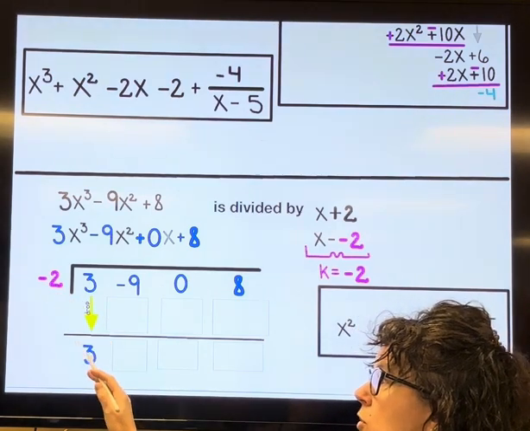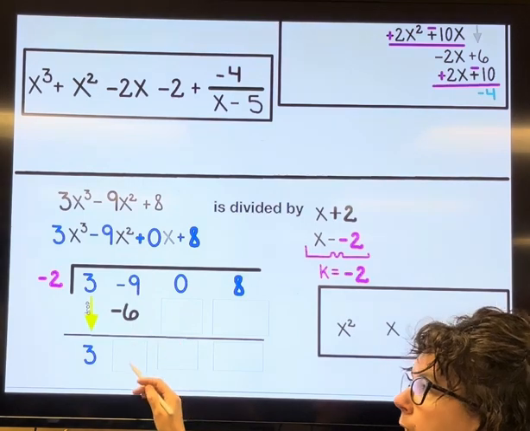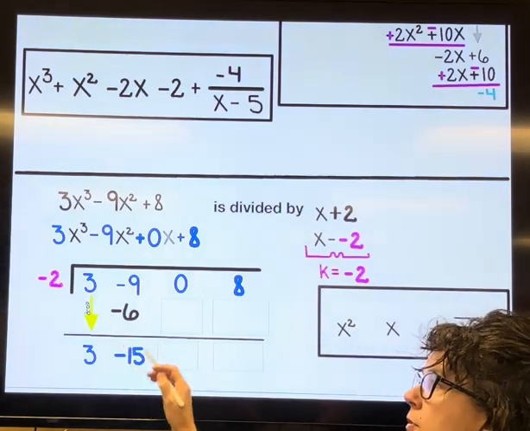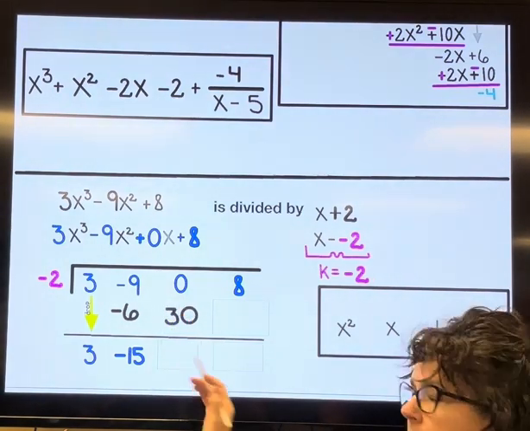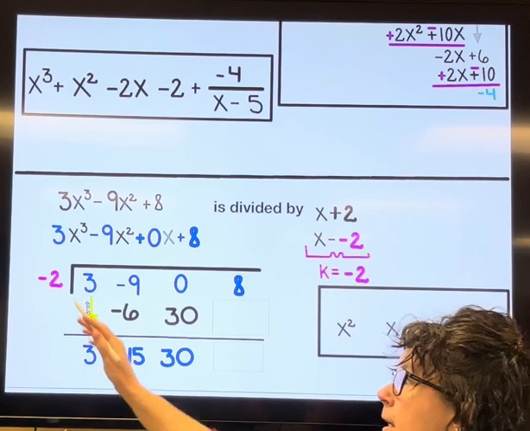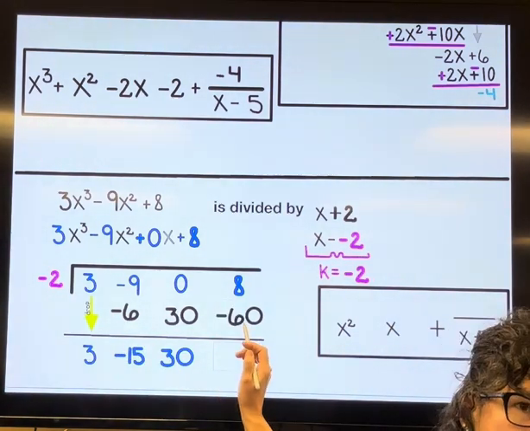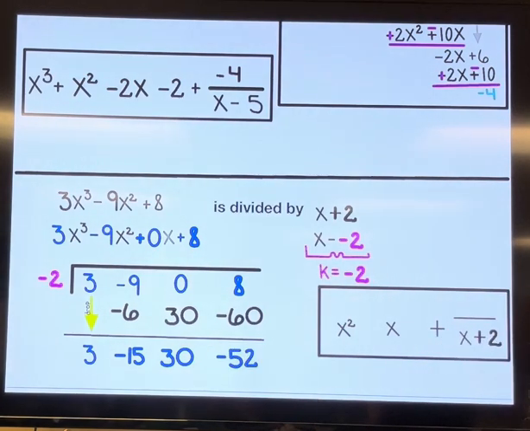So -2 times 3 is -6. Add, I get -15. Multiply, -2 times -15 is 30. Add, and I get 30. -2 times 30 is -60. Add, and I get -52. So my final answer, these are my coefficients on the answer.